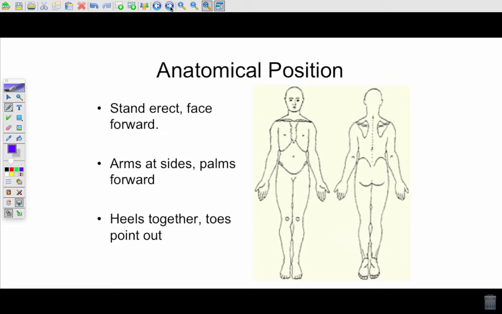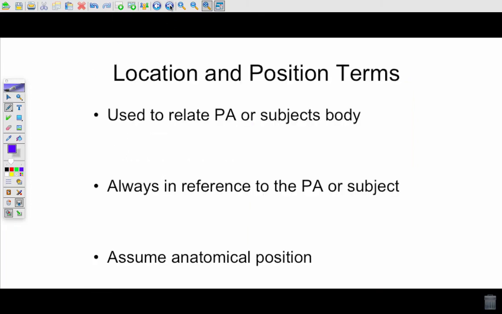Okay, so that would make your thumbs pointing out away from your body. Heels together and your toes pointed out slightly. So that's anatomical position. Anytime we talk about something, unless we specifically say, talk about a different position like supine, then you have to assume anatomical position.